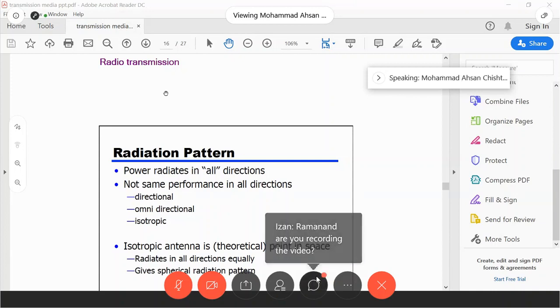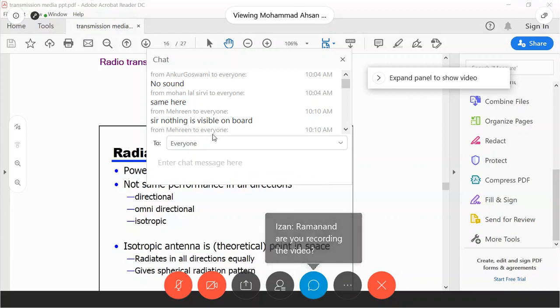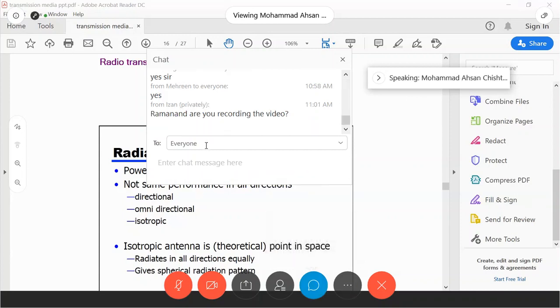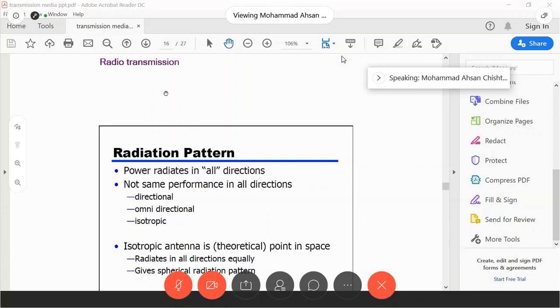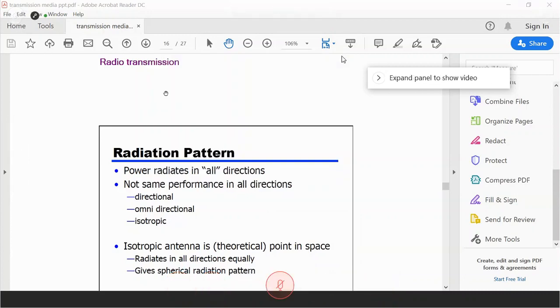Typical antennas that we use are given here: directional, omnidirectional, isotropic. An isotropic antenna is a theoretical point in space. Anyways, let me go back to the omnidirectional antenna. They travel in all directions, so the radio waves here are subject to interference. What kind of interference?